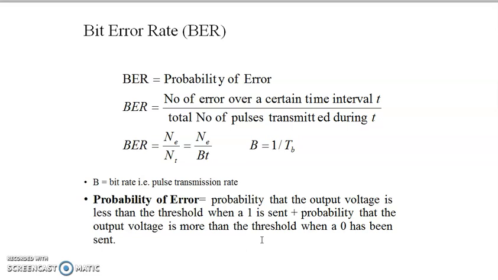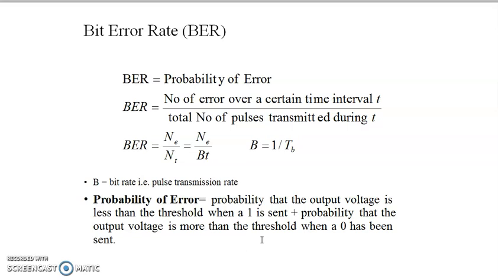So we are not able to identify 1 and 0 because of that interference. We don't know whether a light source is present or absent because of that deviation in the output voltage. So that's why we need to find out how much the bit error rate will be in the given receiver system.